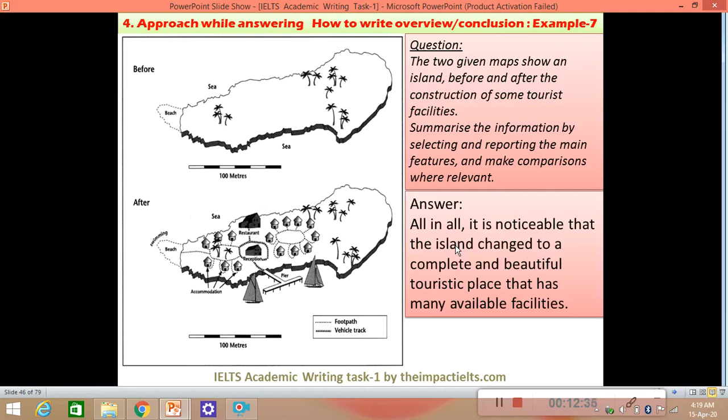All in all, it is noticeable that the island changed to a complete and beautiful touristic place that has many available facilities. So perhaps you got the idea that you have to find some holistic information and write it in the overview part.